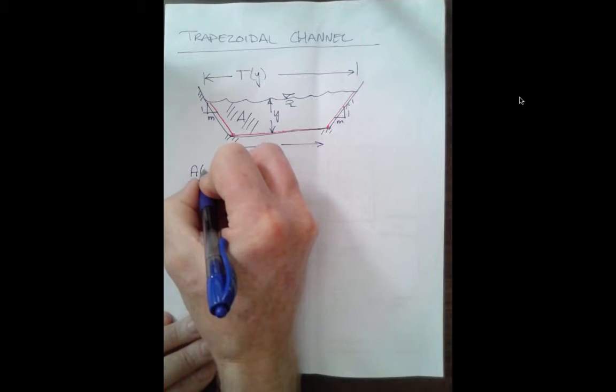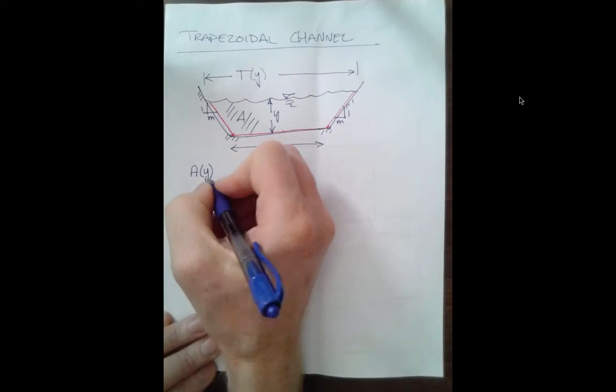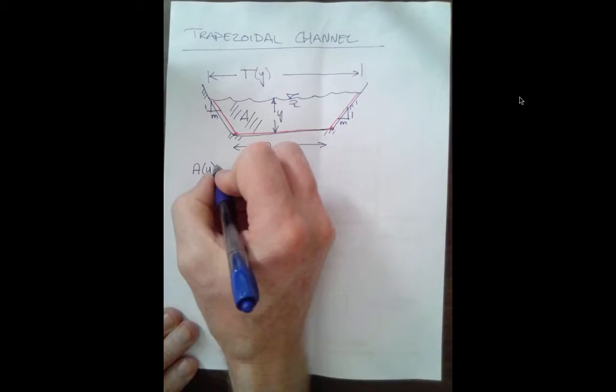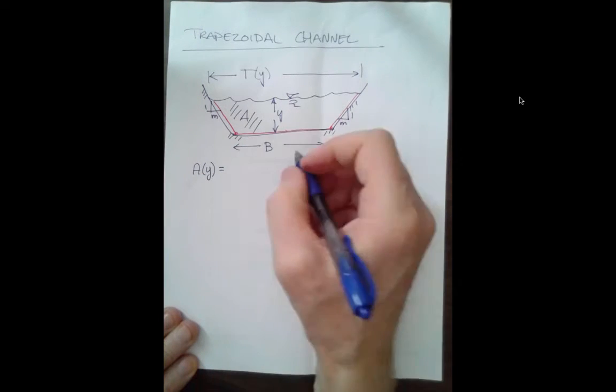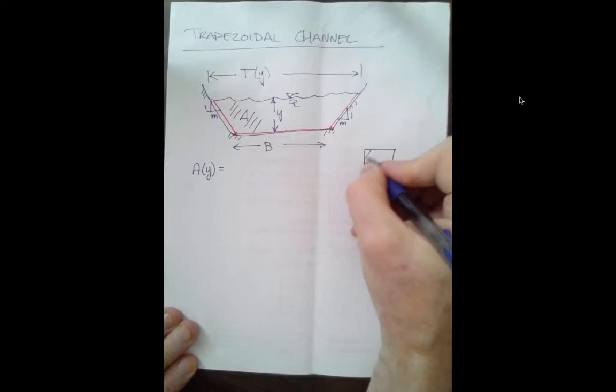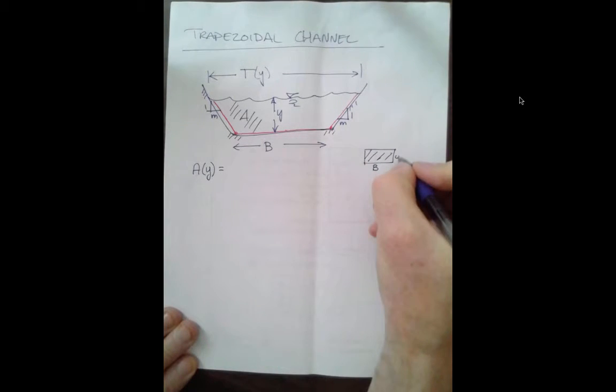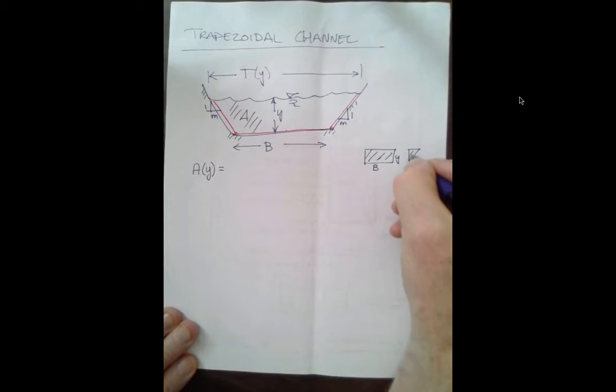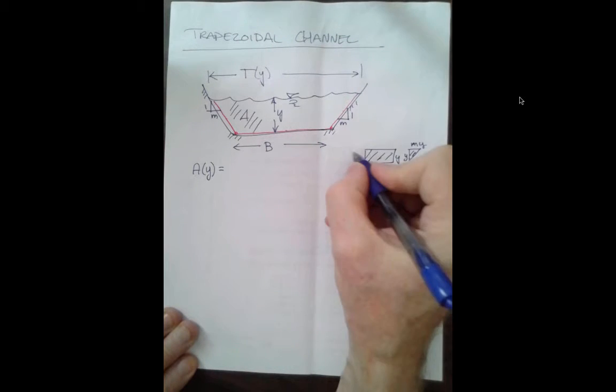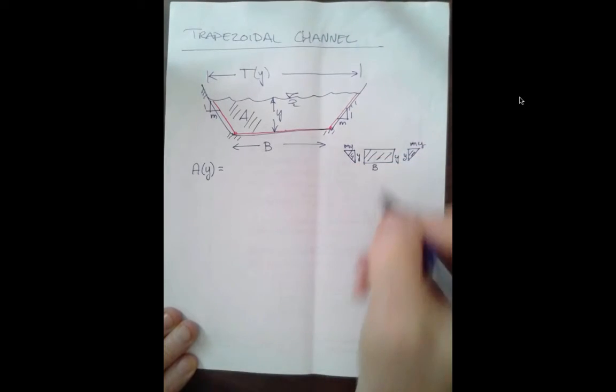Well, if we start with the area as a function of depth, we have the rectangular part, by, plus we have a triangle my times y here, and a triangle my times y here.